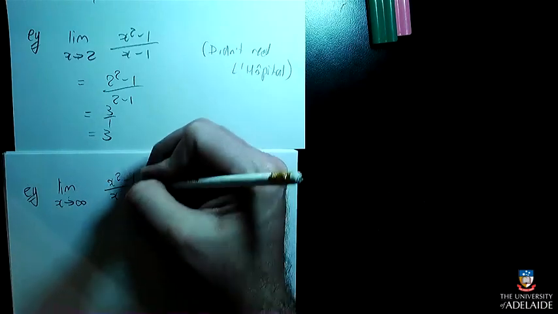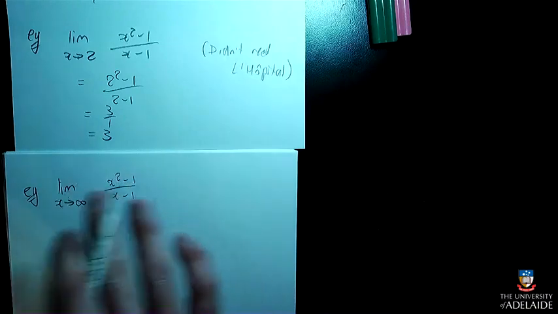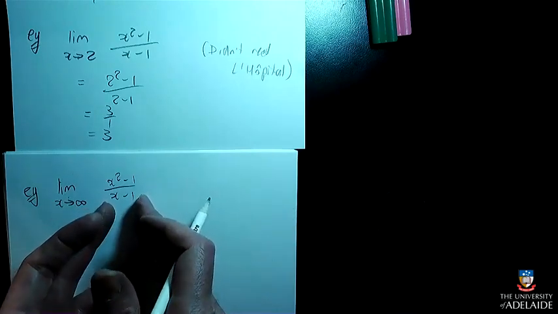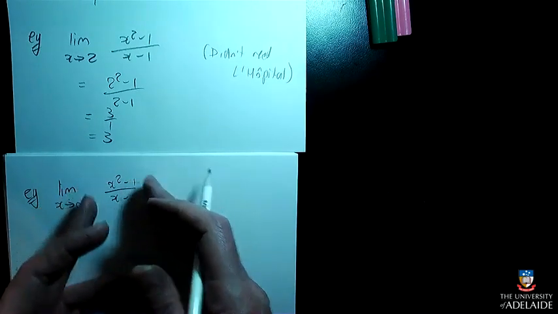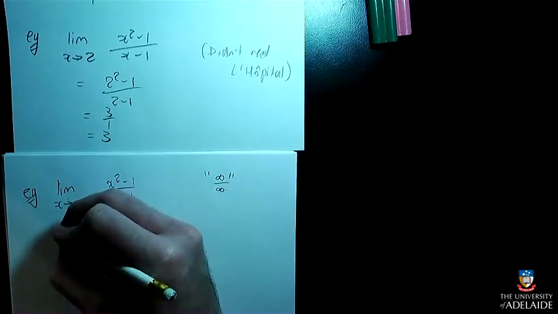I'll do the same one. Now, traditionally when you do limits going to infinity, what you'd normally do is find the highest power of x that you observe and divide by that and do your limit that way, but you can also do it with L'Hopital's rule. So the top is infinity and the bottom is infinity, like infinity minus 1 is still infinity and infinity squared is still infinity. So this is an infinity over infinity situation, so I can use L'Hopital's rule.